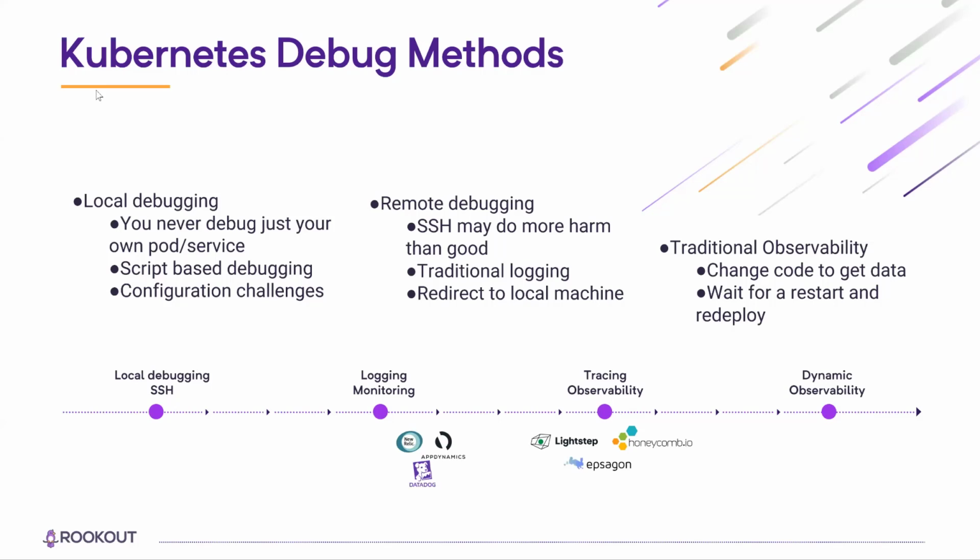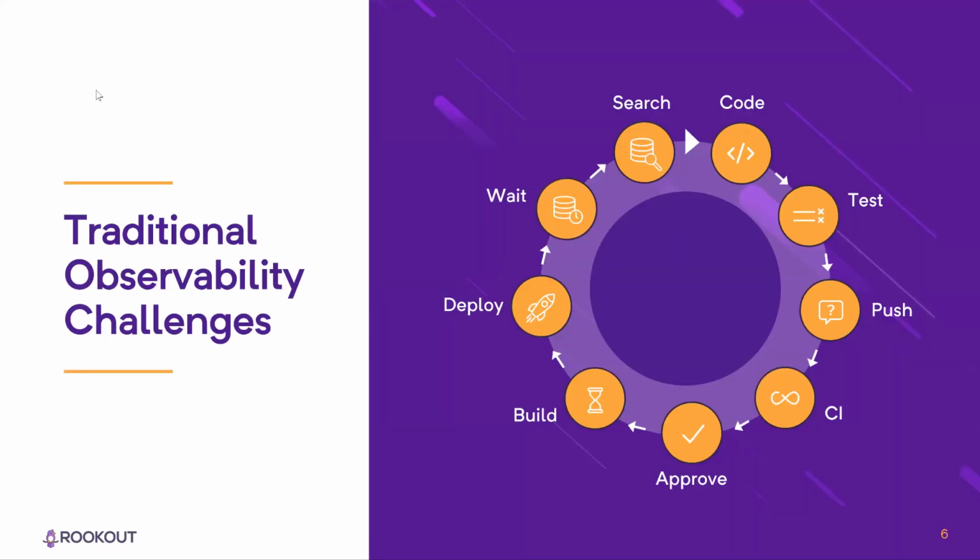You have to write code, wait for it to be deployed, wait for the issue to reproduce again, get some of the log lines, and then find out that you're still missing a log line, or that you're still missing some parameters that cause the problem to reproduce. And you have to change code over and over again, which is where we found our customers and where our customers find the current state of observability.